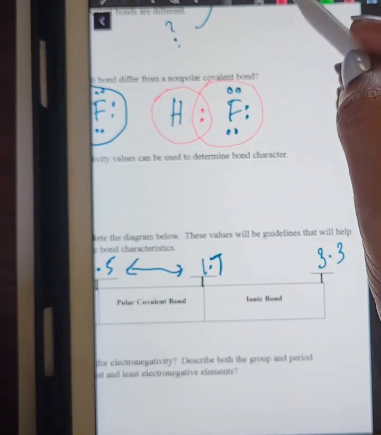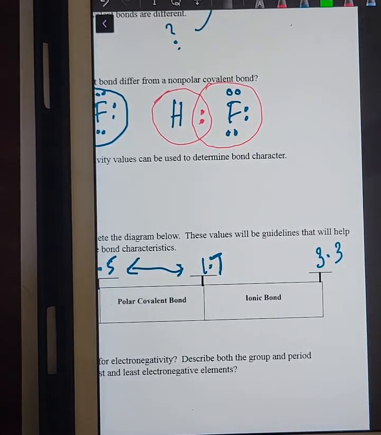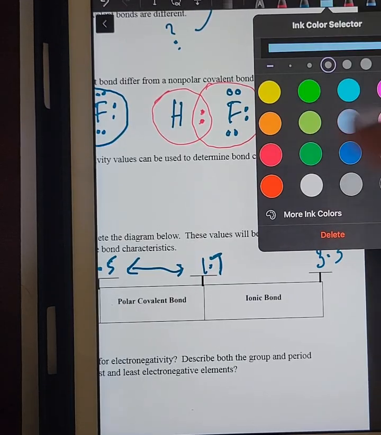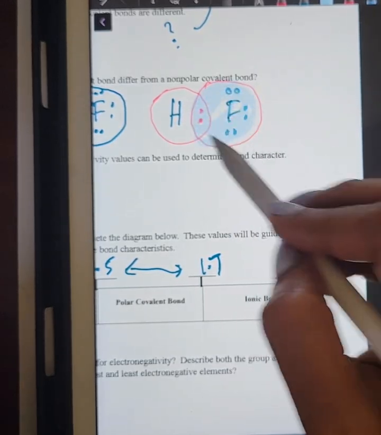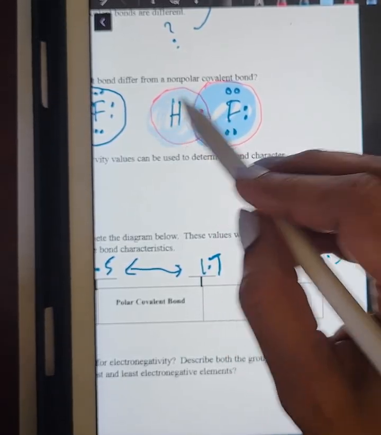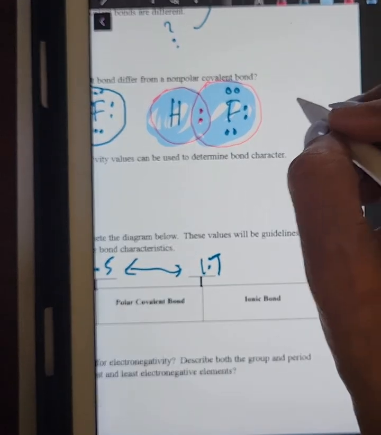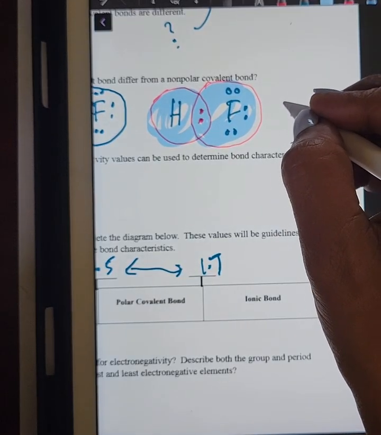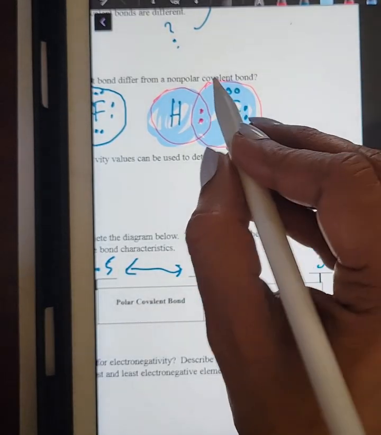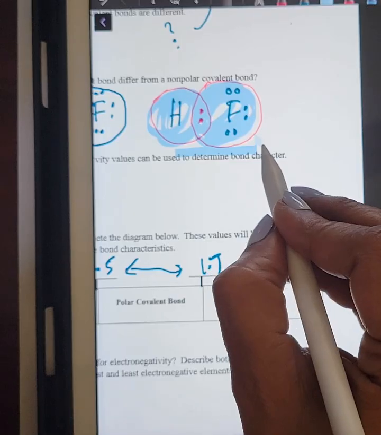Imagine this is an electron cloud. Maybe I will highlight it with color. This electron cloud is now equally distributed between the two atoms, but after a few seconds the fluorine will pull this electron towards fluorine. So the electron will slightly move towards the right.